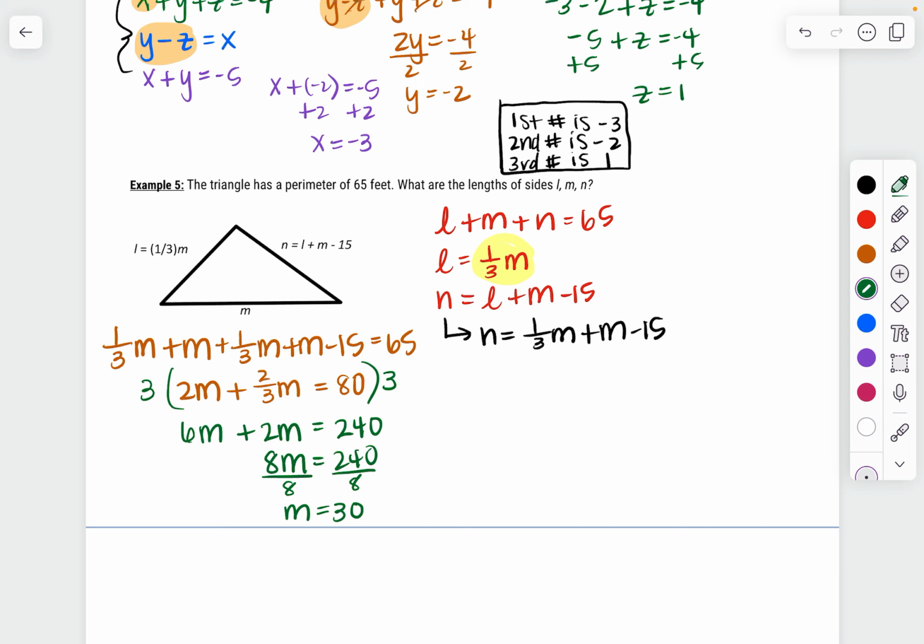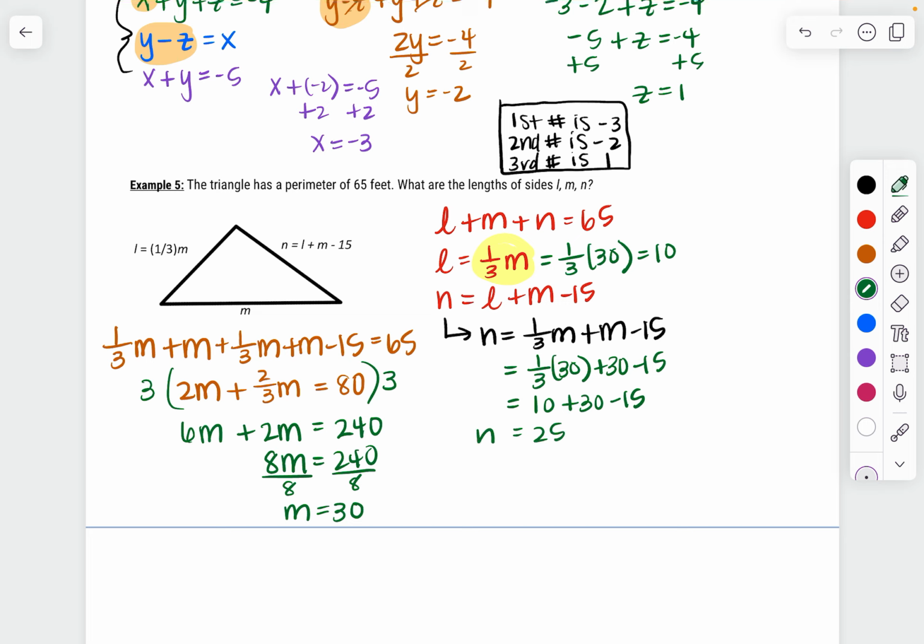Now I just have to take that number and substitute it in everywhere else. So for L, I can say 1/3 of 30 is equal to 10. And for N, I can say 1/3 of 30 plus 30 minus 15 is equal to 10 plus 30 minus 15, which should be equal to 25.